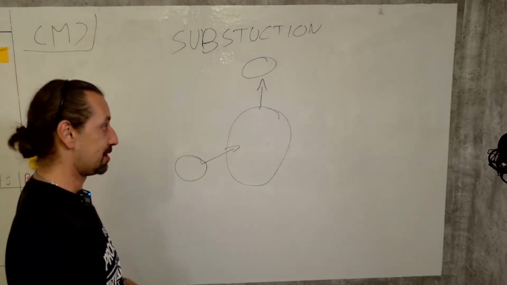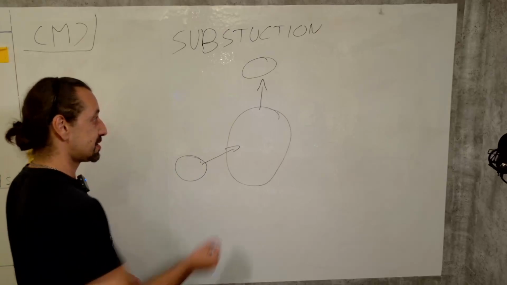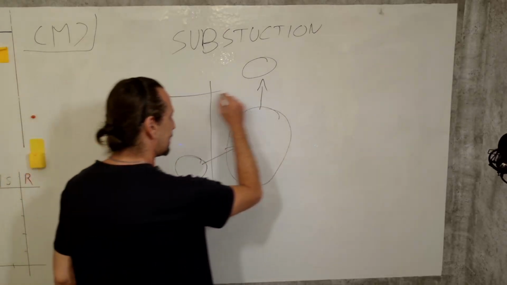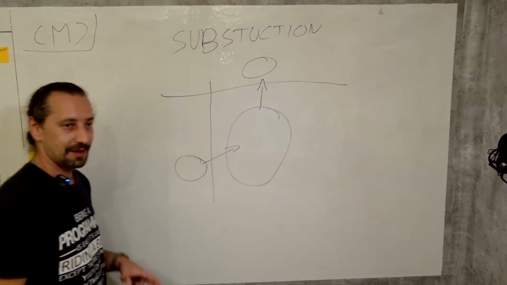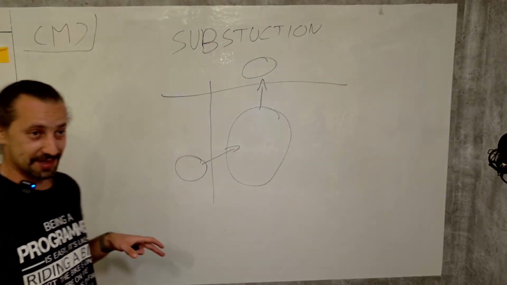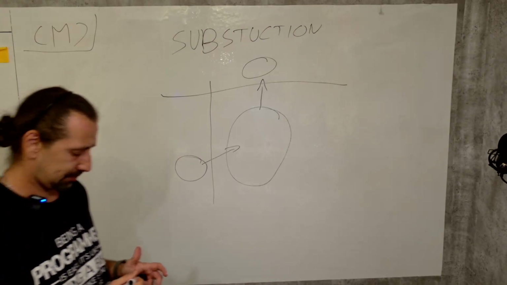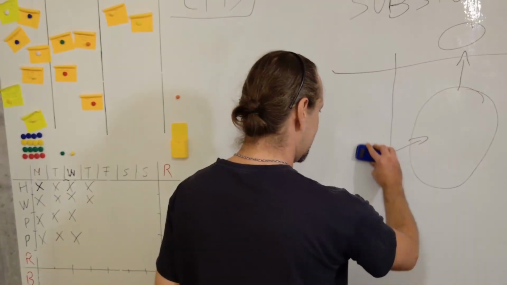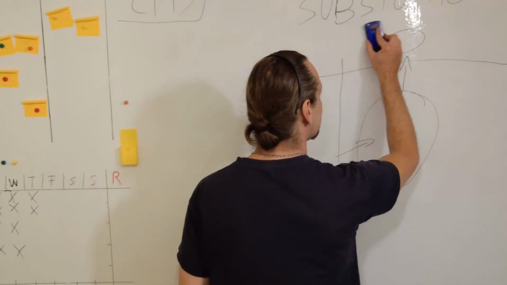Why did I arrange it like this? Because now I could put it into a matrix. Let's change the terms.